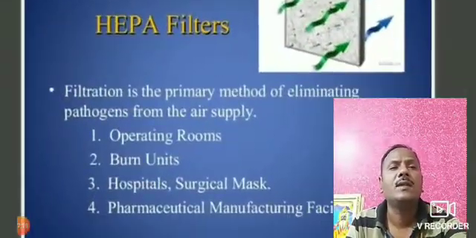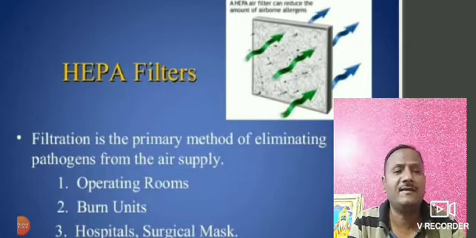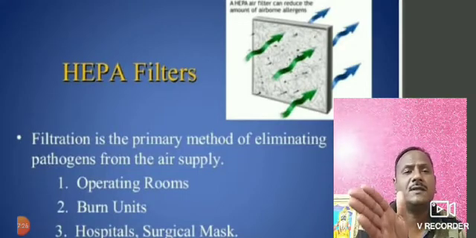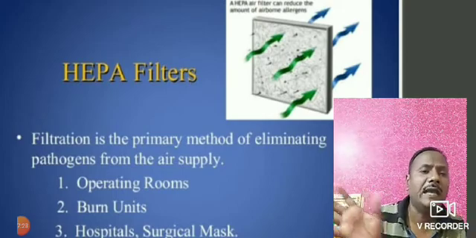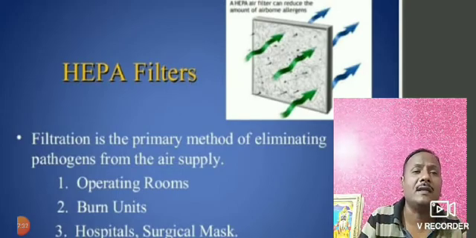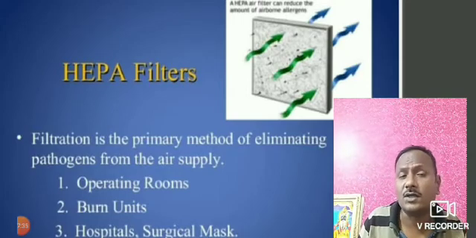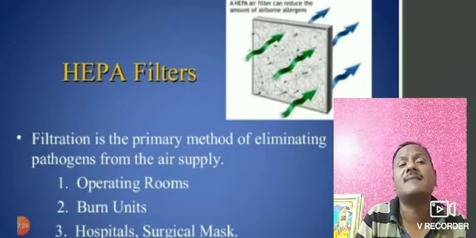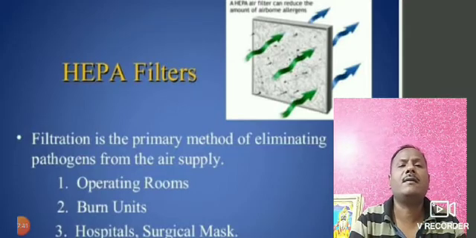You just see, this is the filter adjusted within the laminar airflow. Whenever the air is blowing from one side, the microorganisms settle on the surfaces of the filters. They cannot enter towards the other side, in the laminar airflow.